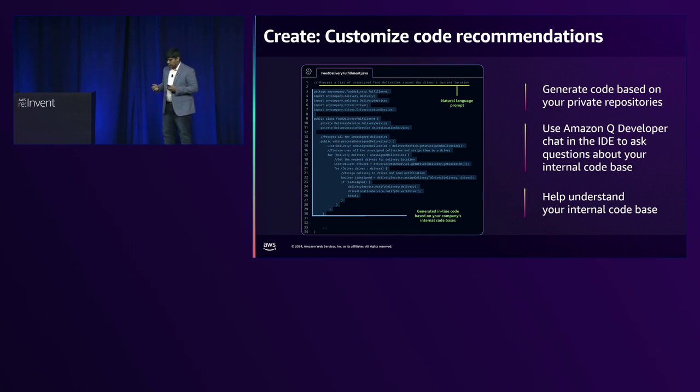Especially when you're new to a particular project and you want to learn about its code base, you would be able to ask questions about that code base, and you would be able to learn or create the new documentation feature which was announced in the keynote. So you would be able to write documentation and help understand the internal code base with Q Developer.